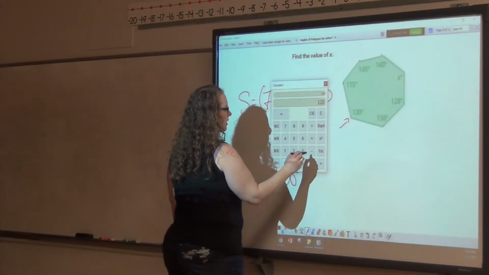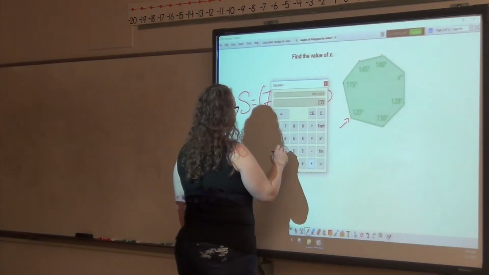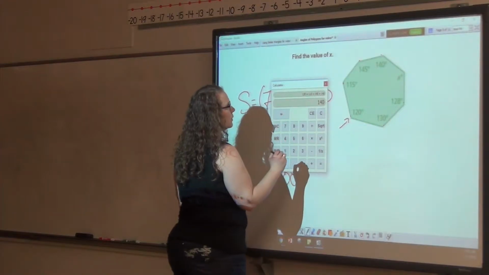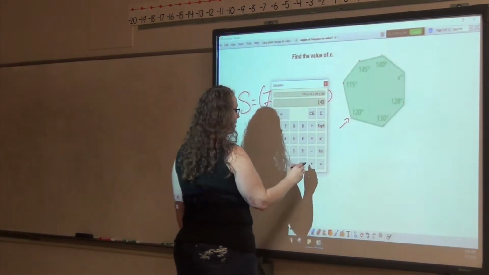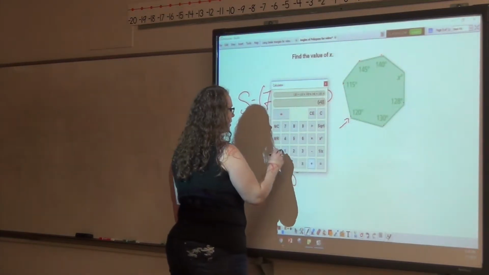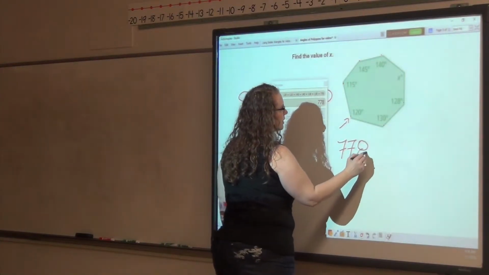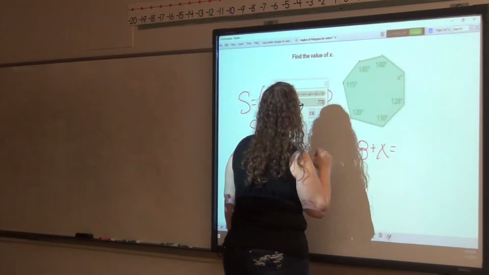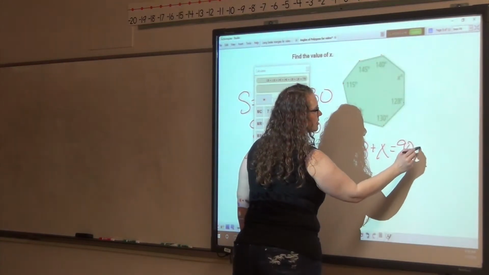We have 120 plus 115 plus 145 plus 140 plus x, but we're not there yet, plus 128 plus 130. So the angles that we know add up to 778. Plus the angle we don't know is going to equal 900 degrees.